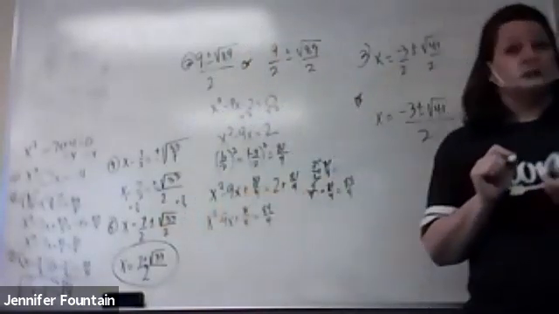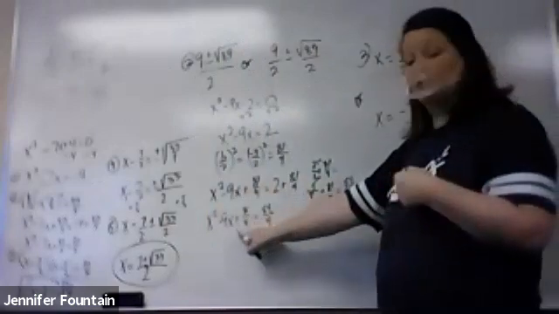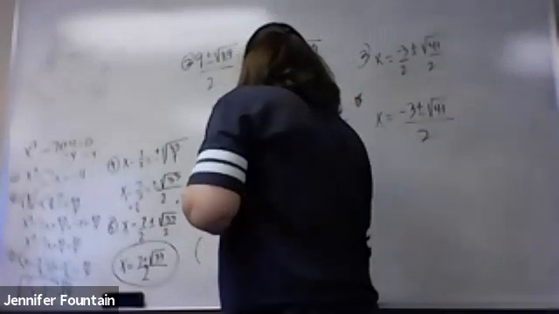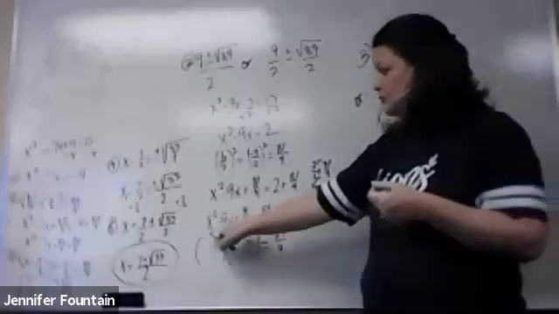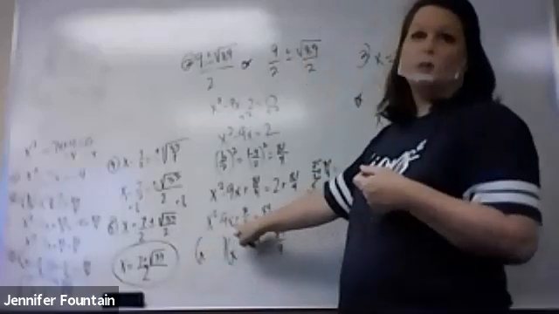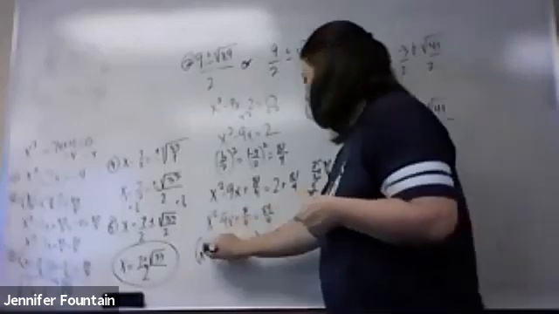What do I do next? I set up my parentheses because I've got to factor my perfect square trinomial. So I set up 2 sets of parentheses, which is equal to 89 over 4. I know my first terms are going to be x and x. Signs are the same, and they're both negative.